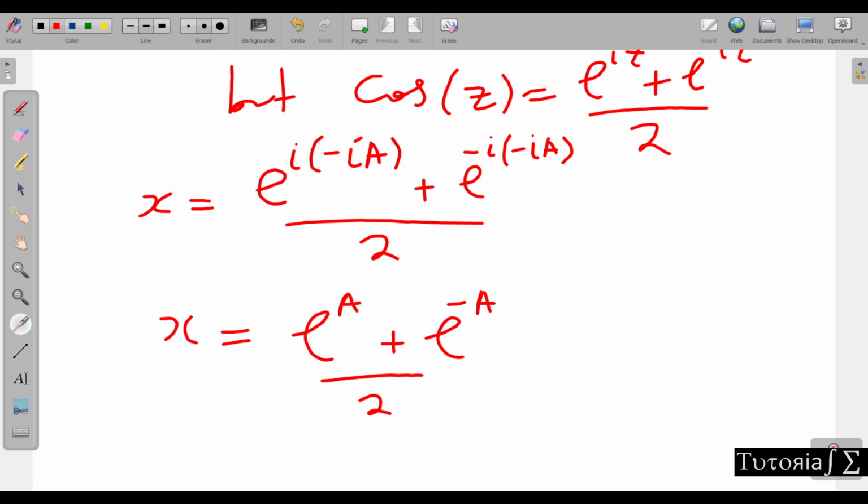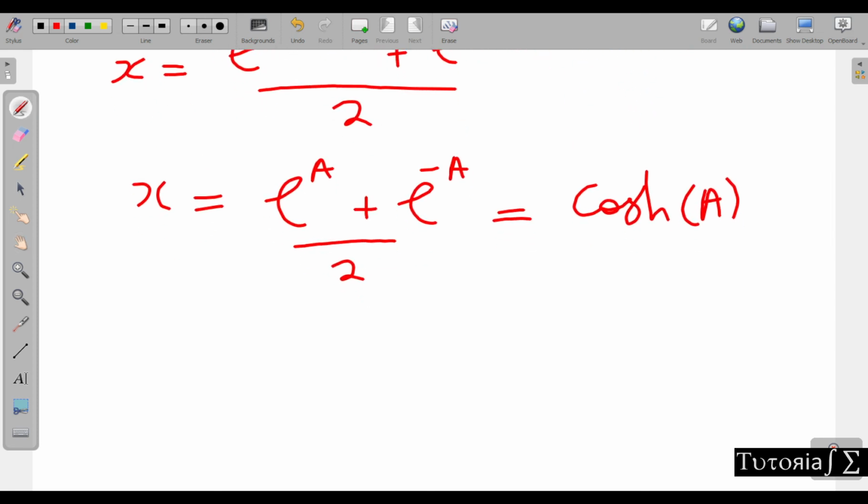It is cosh. Cosh over here. So which is equal to cosh a. Okay. Meaning that x is finally equal to what? Cosh a. Okay.